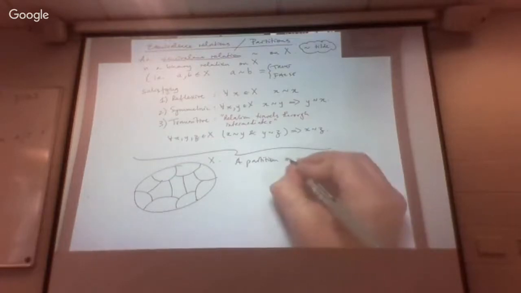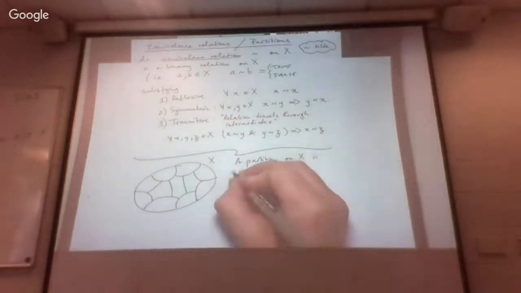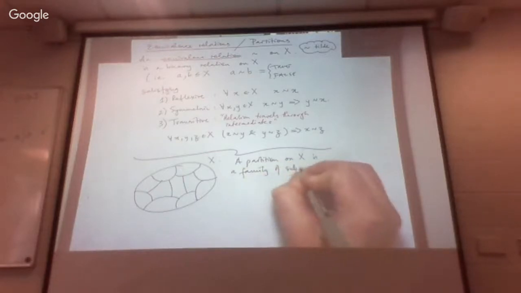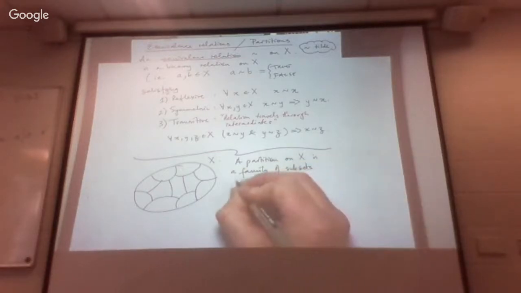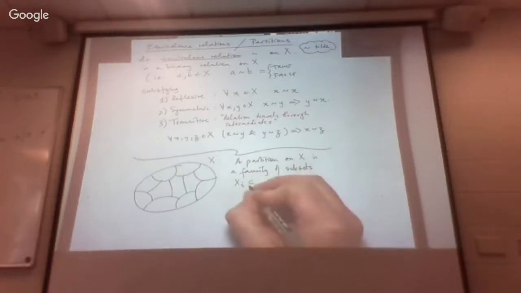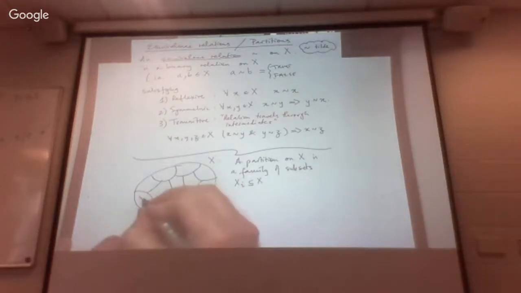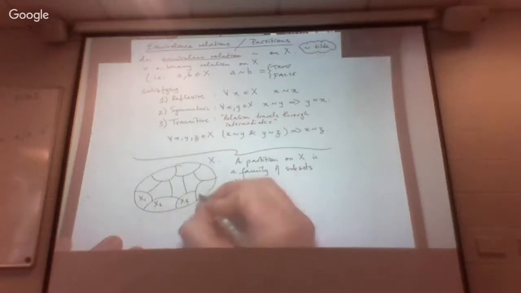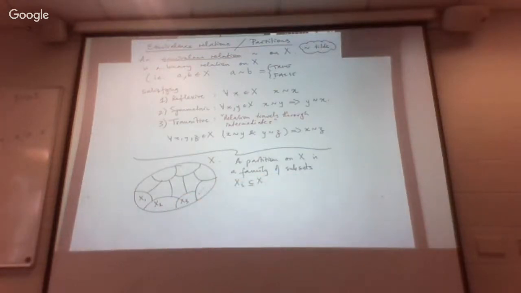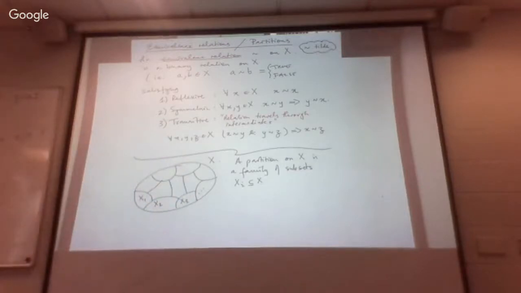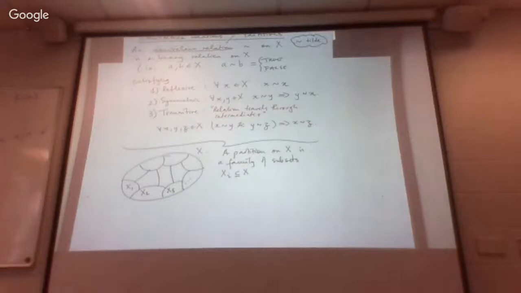A partition on X is a family of subsets, a collection of subsets, x1, x2, and so on. I'm implying that it's a countable collection, that it is possible to index them with the positive integers, but we won't worry about uncountable partitions.